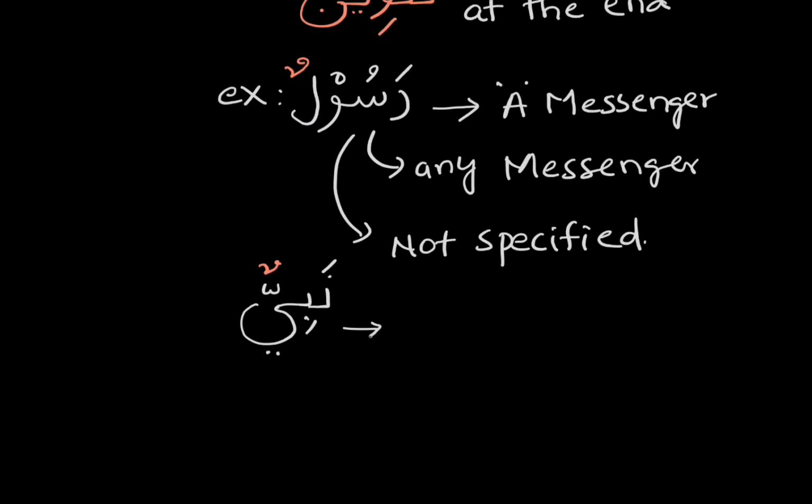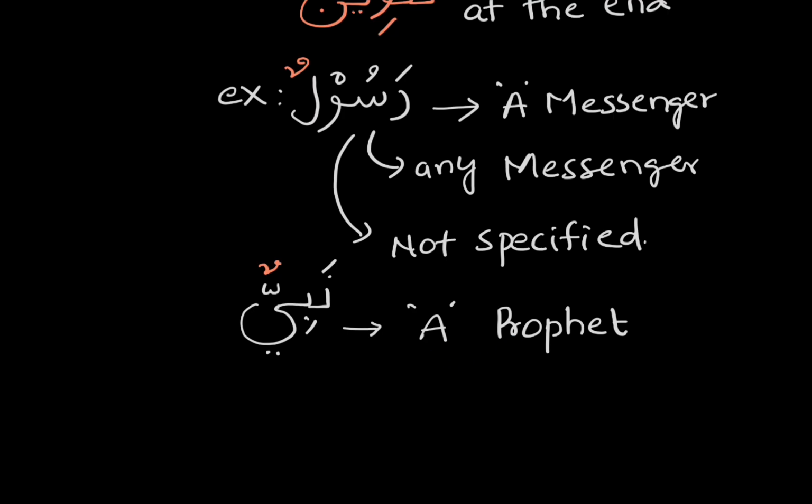Similarly, Nabiyun. Nabiyun means a prophet. Here also this noun ends with double damma, that is tanween. So any word which ends with a tanween is an indefinite noun.